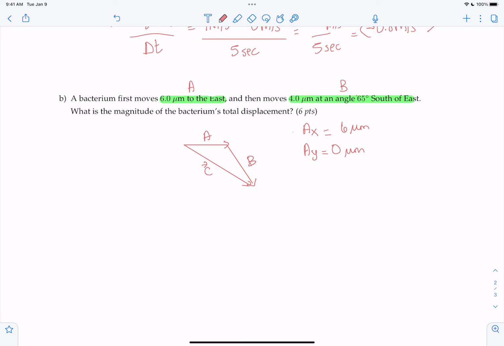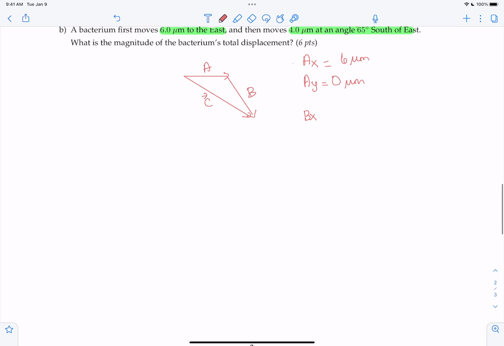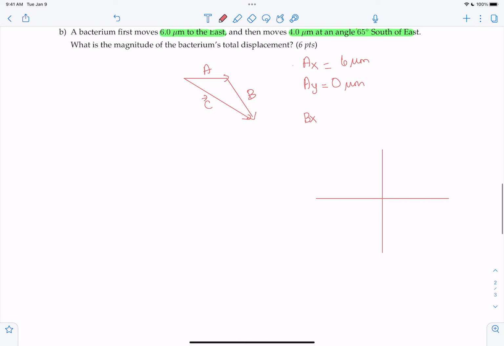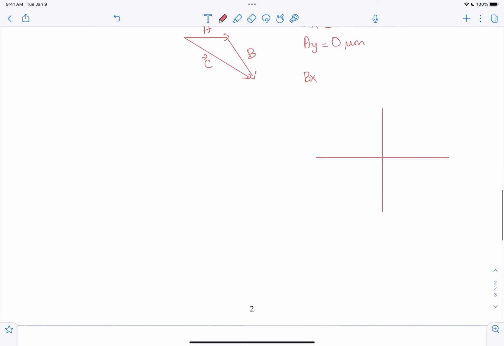So now, how about B here? Do we have an X component for B? Well, if we were to think about this on a coordinate plane and look at the direction of B, let's draw this out separately. They said B is 65 degrees south of east.